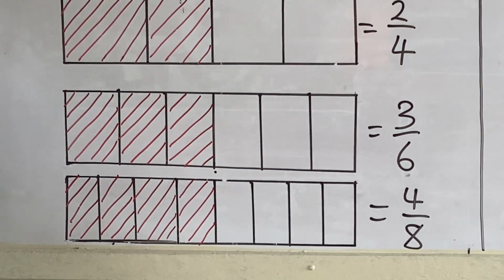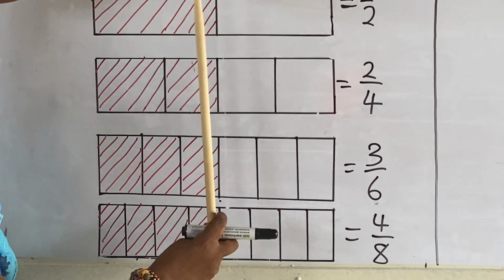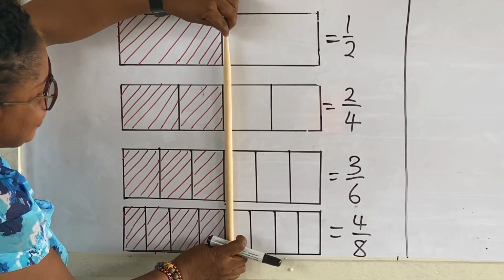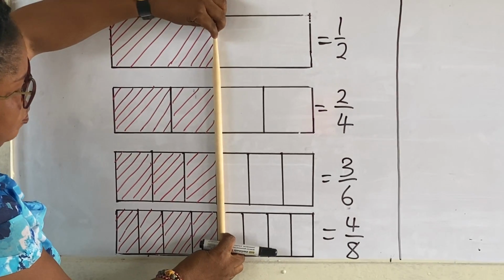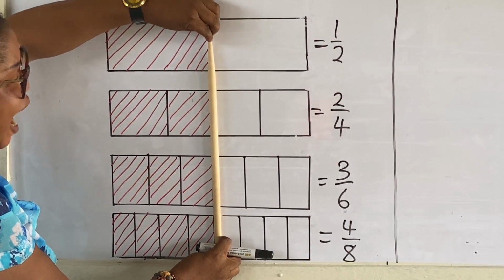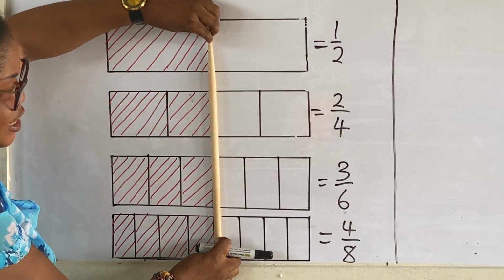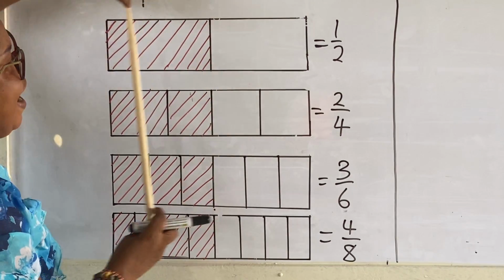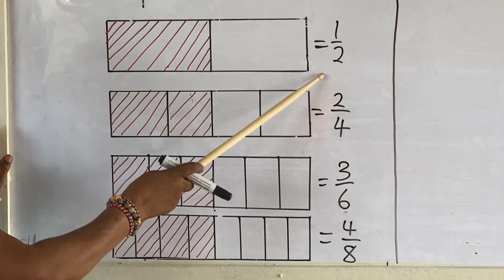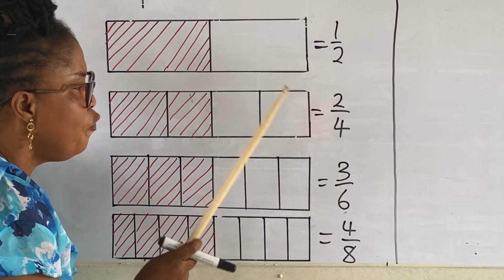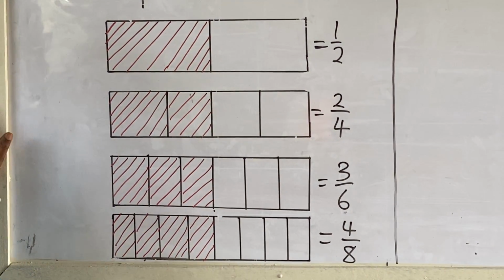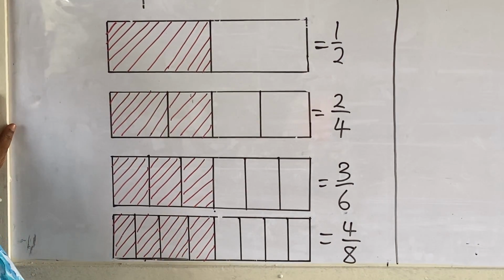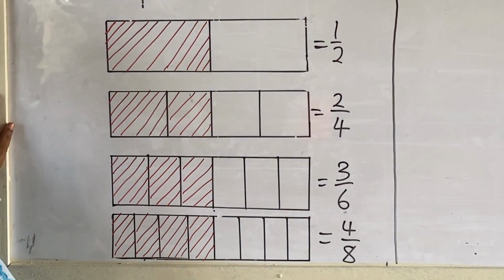Now, let's look at where it has been partitioned or shaded up to. It has taken half of the 8, which is the same as 4/8. So it means half is equal to 2/4 is equivalent to 3/6 is equivalent to 4/8.